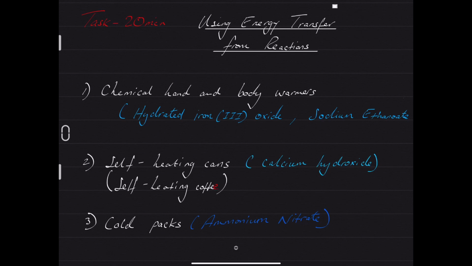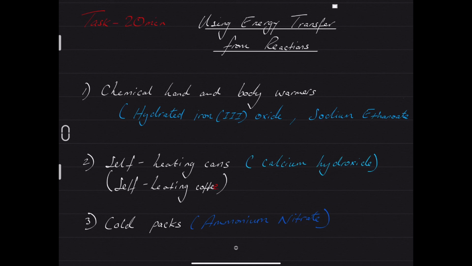The third one is cold packs. I want you to look at instant cold packs and how they have been manufactured and how they are produced. And a clue here, in terms of the chemical products I want you to look at, is ammonium nitrate.